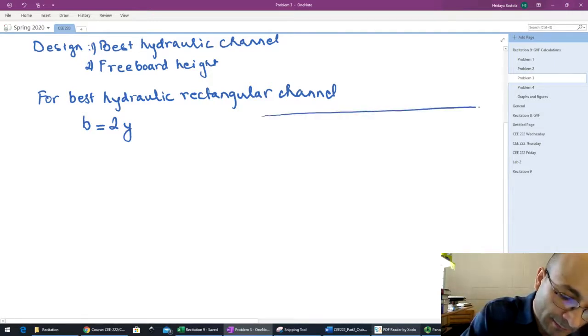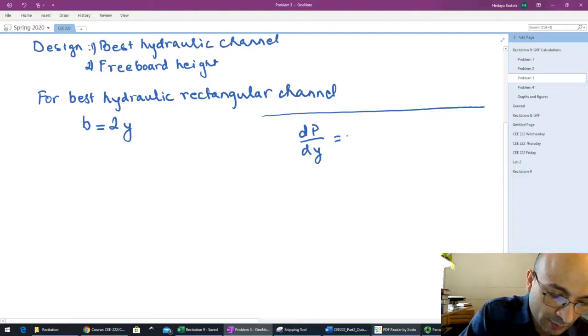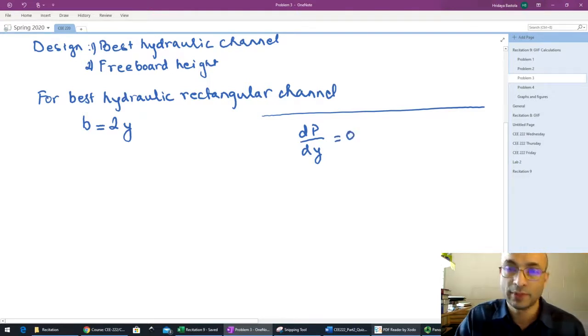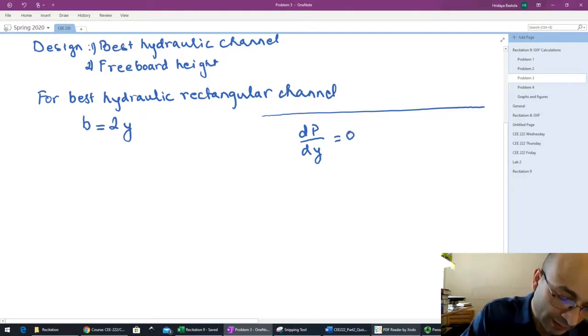So we can express that in terms of this derivative, dP over dy equals 0 for the best hydraulic section.